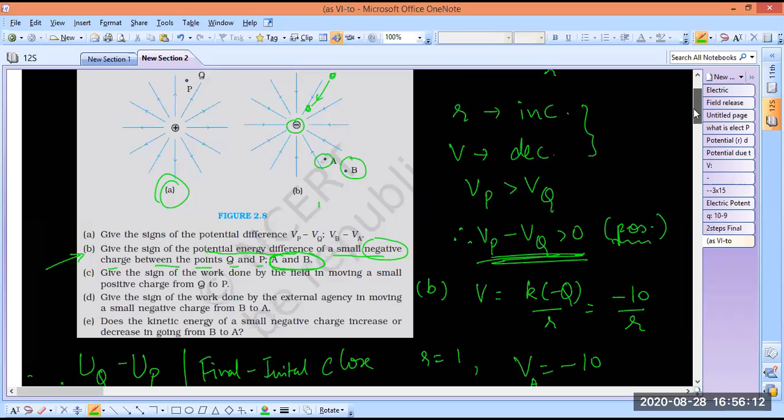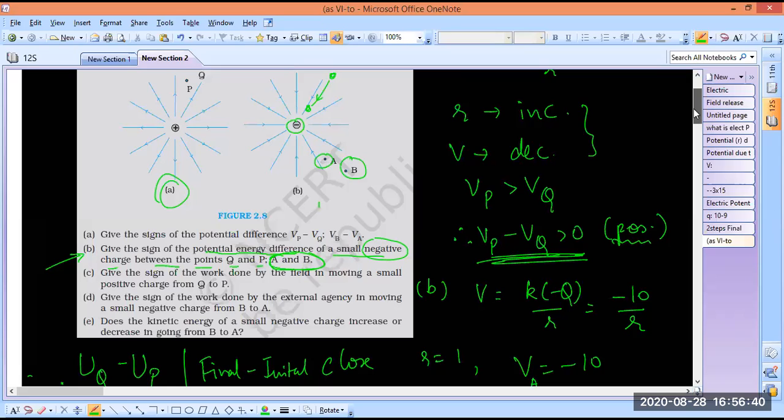UA minus UB is negative. Tanay, are you sure? Okay, let me do it. Over here, I hope everybody is seeing this. So if I multiply Q with it, but Q is negative, so negative multiplied by positive is negative.